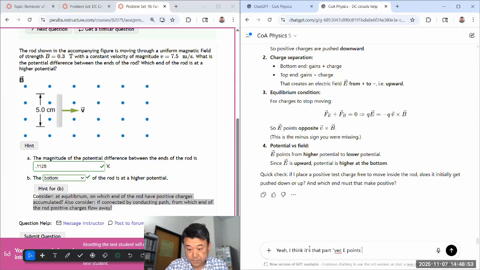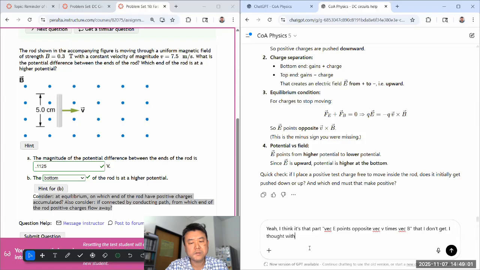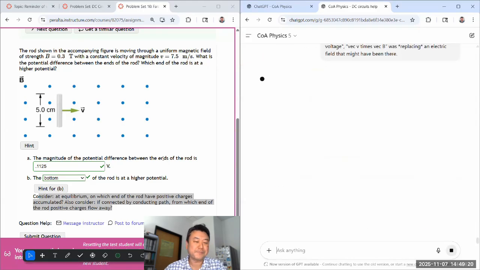Vec E points opposite vec V times vec B. That I don't get. I thought with the motional voltage, V cross B was replacing an electric field that might be in there. Maybe, I don't know.